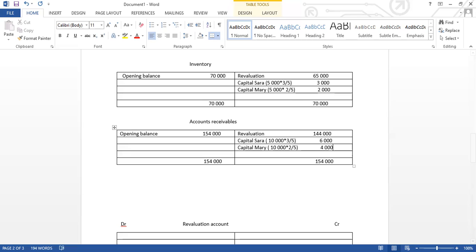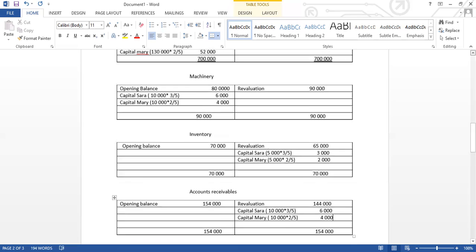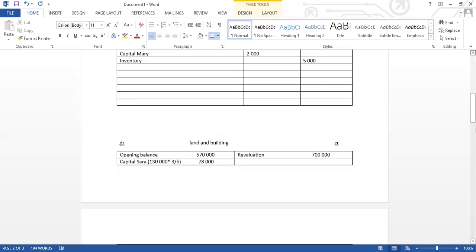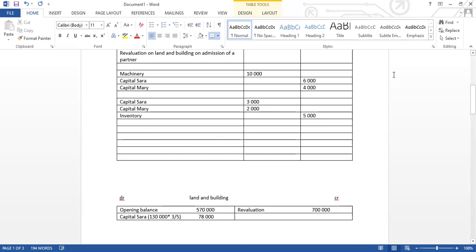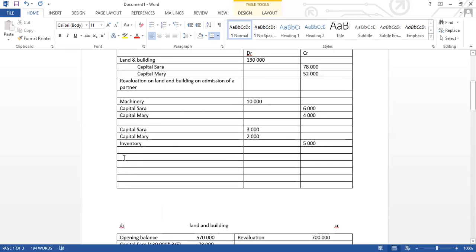And then we transfer our information to the general journal. We said a loss on fixed assets is recorded on the debit side of your capital accounts. Your capital accounts will need to be debited.